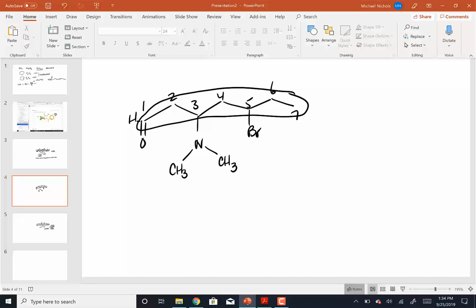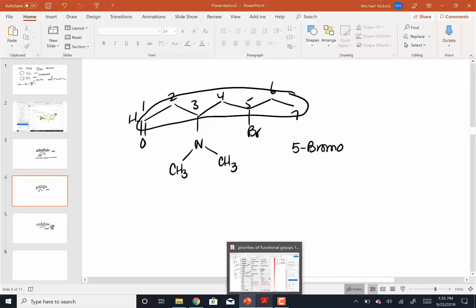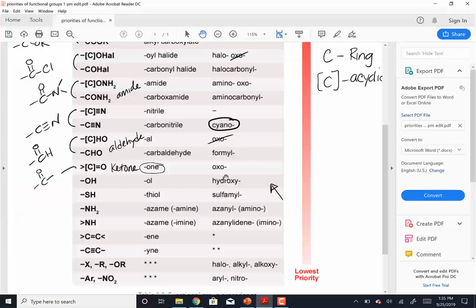Substituent-wise, what do I have? What I have is a bromine at 5, so this is a 5-bromo. And then at carbon 3, I have a dimethylamino, because now my nitrogen is no longer the high priority. So I have to look at it, and when I look at the nitrogen, it goes from being an amine to being an amino group.